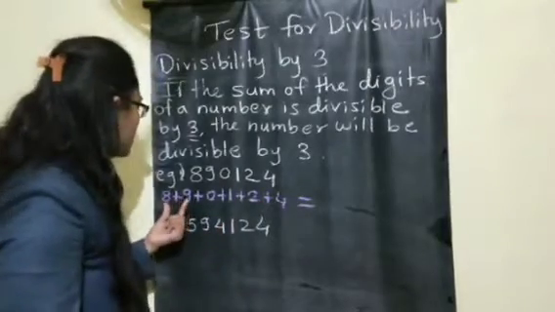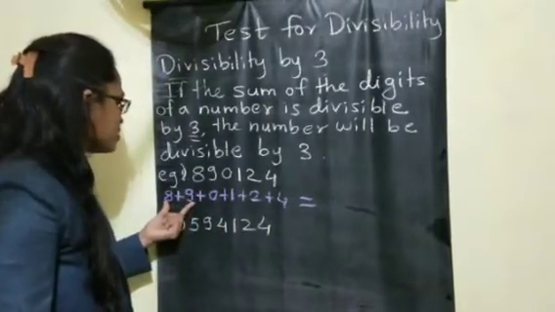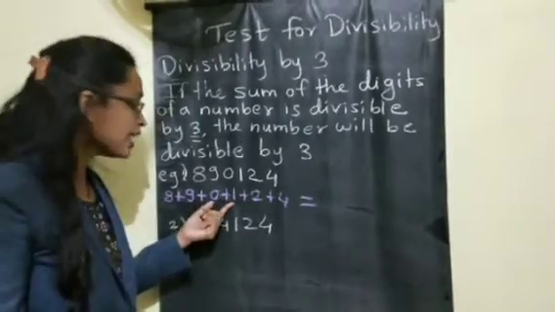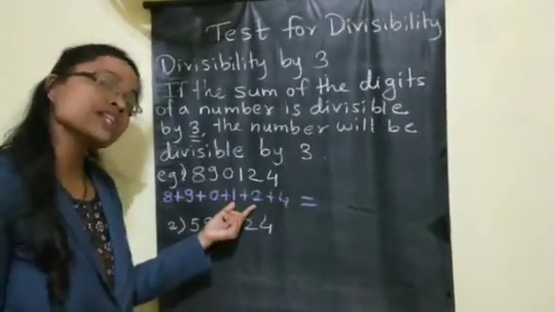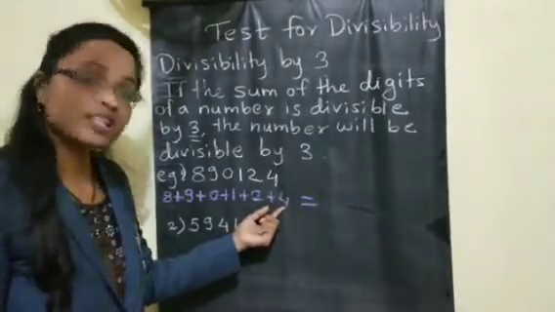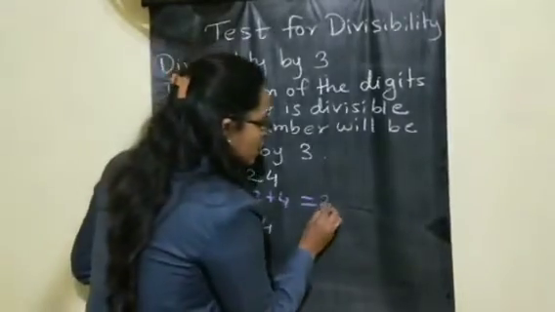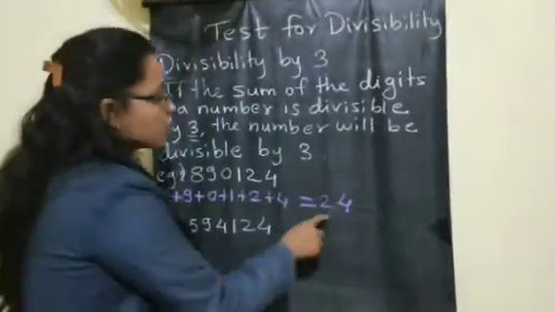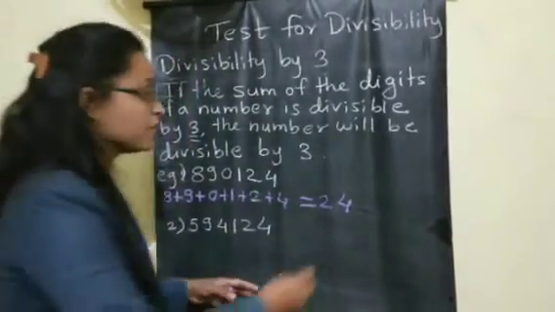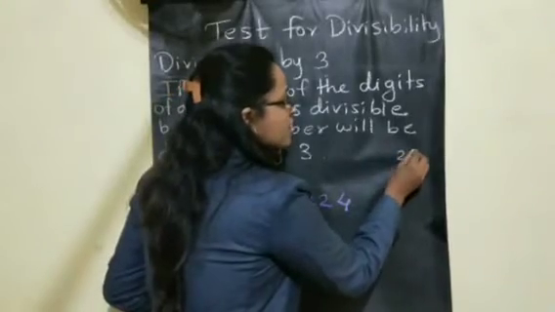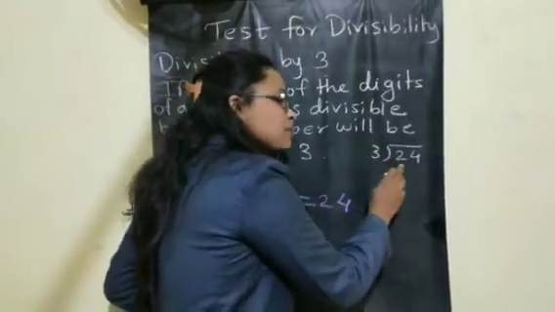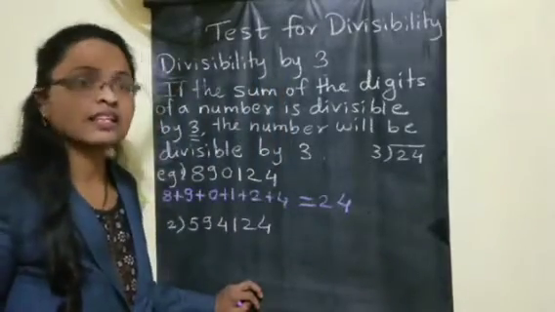So if you see here, 8 plus 9, 17, 17 plus 0, 17, 17 plus 1, 18, 18 plus 2, 20, 20 plus 4, 24, children. So here the total is 24. Now only with the 24 you have to check whether it can be divisible or not. 24 divided by 3, in the 3 table 24 is there, children.